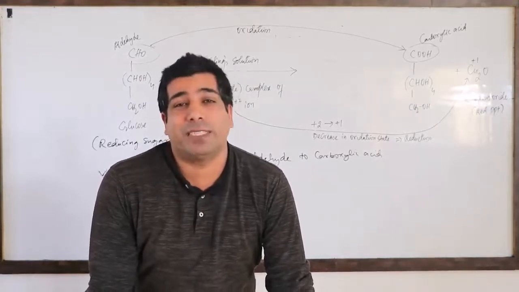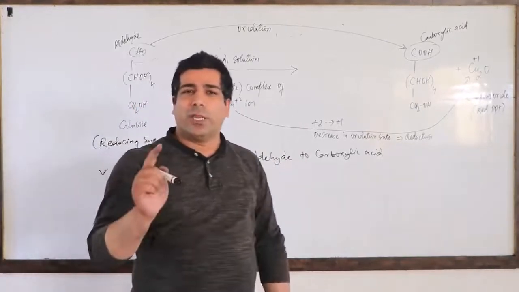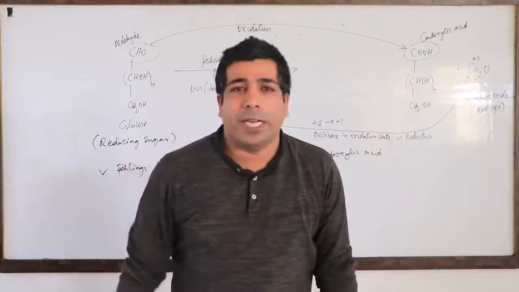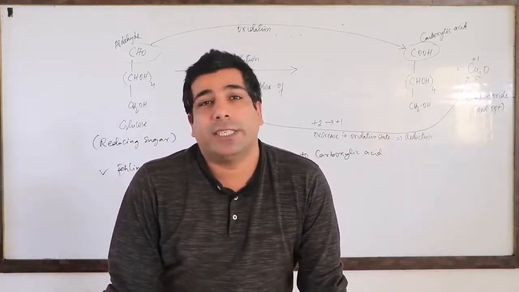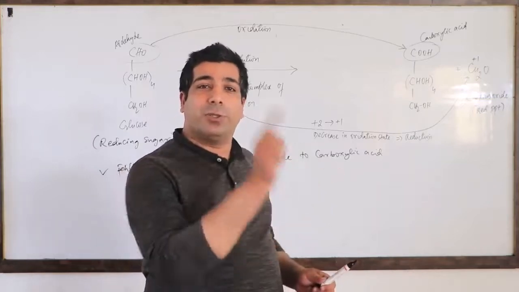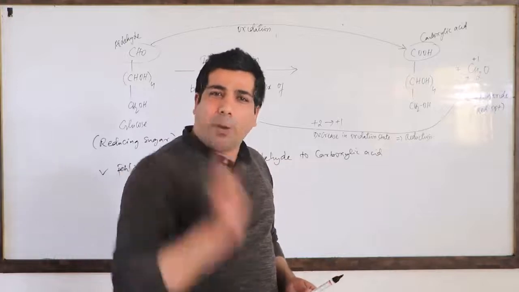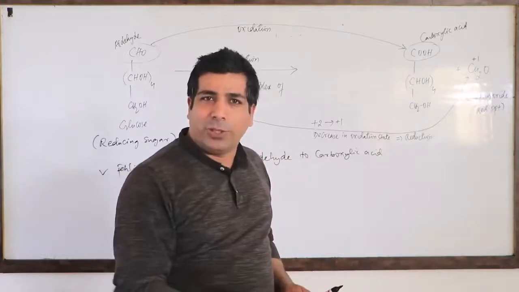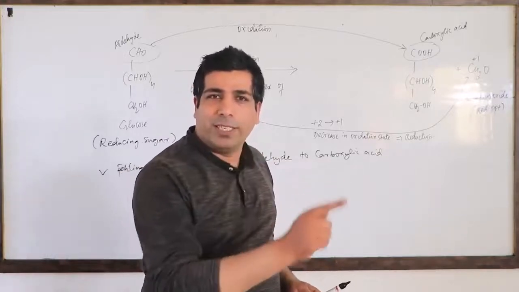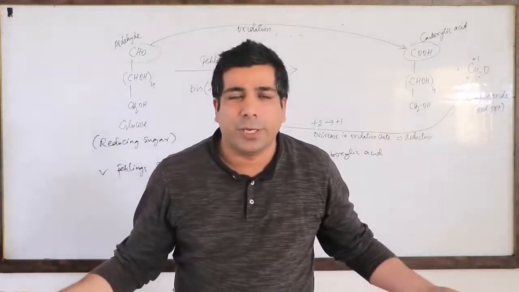But which part of Fehling solution? Copper from +2 to +1. Glucose is also a reducing sugar because it can reduce Tollens reagent. How? It reduces the silver of Tollens reagent from +1 to 0. The same glucose can reduce the copper of Fehling solution from +2 to +1. That's why glucose is considered a reducing sugar.